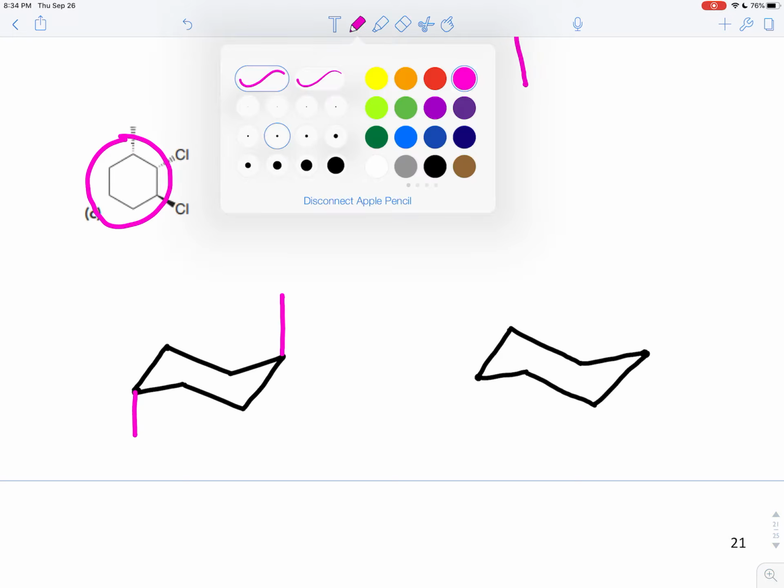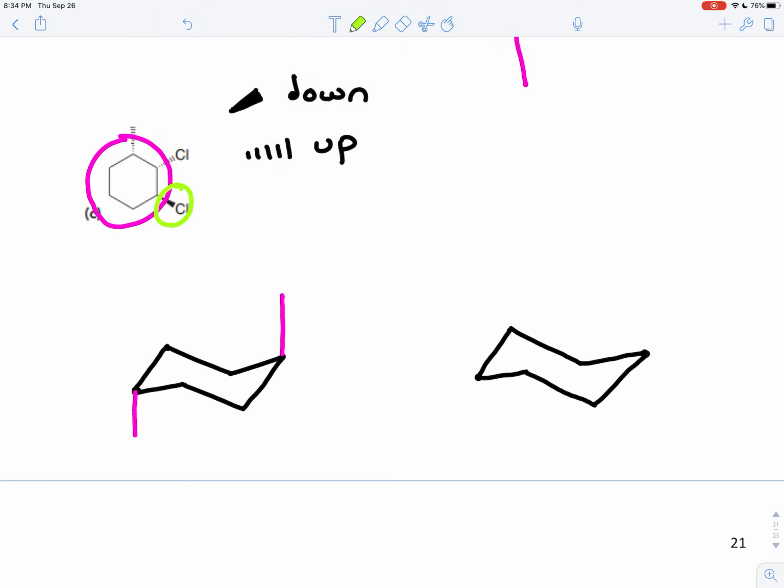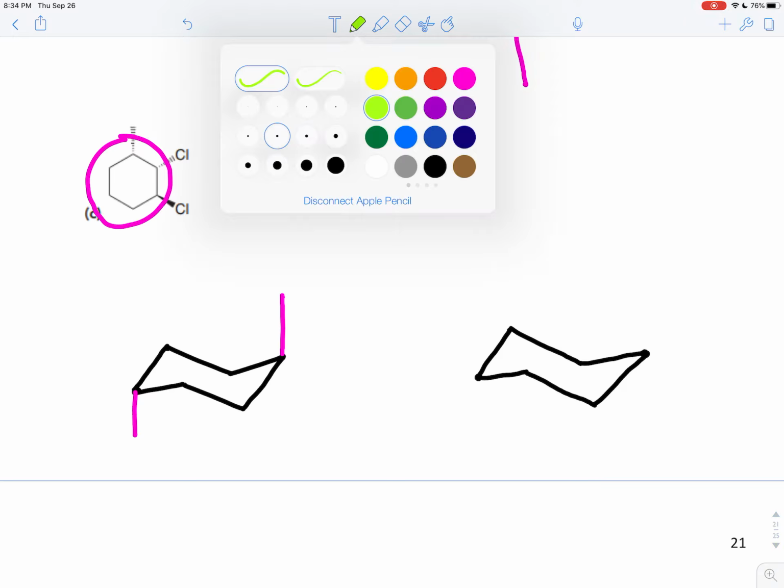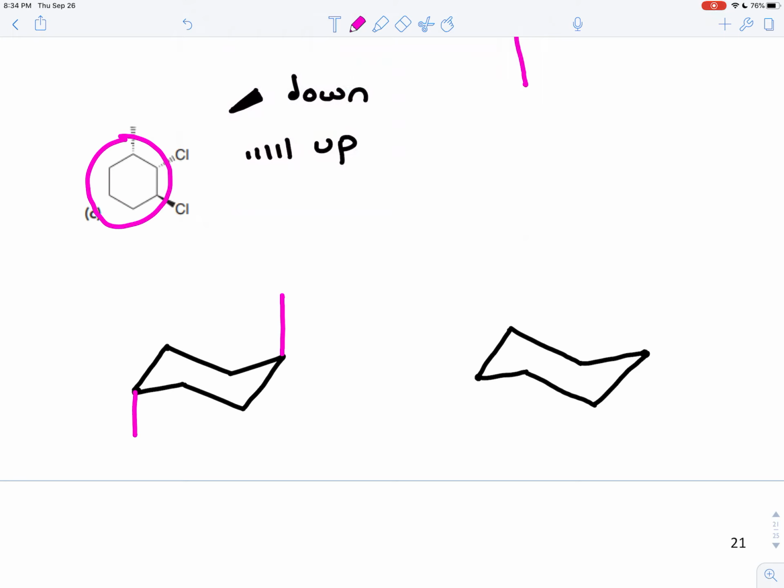We've decided that the solid wedge means going down. And let's just try having that chlorine axial. Let's see how that ends up for us. So the axial down position, that's that one at the left.